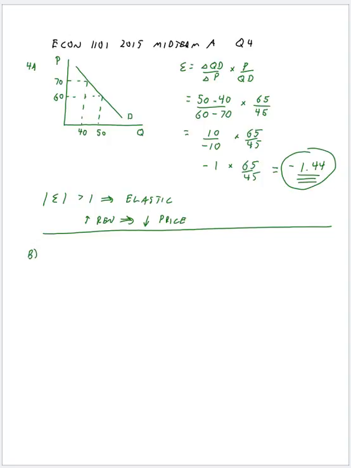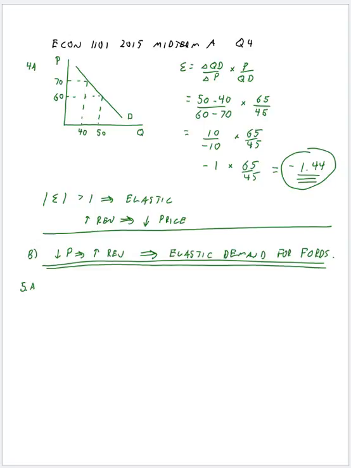They're essentially planning to decrease price, and they're hoping that that's going to result in an increase in revenue. It means that they believe that their cars are price elastic. So, elastic demand for Fords.